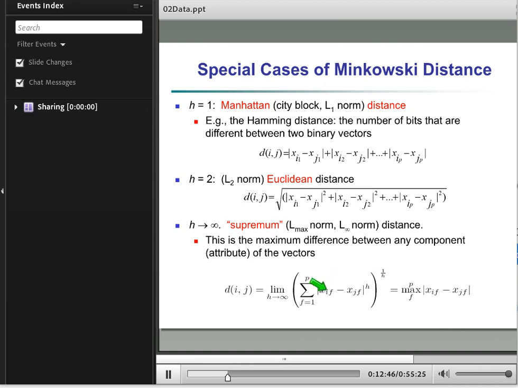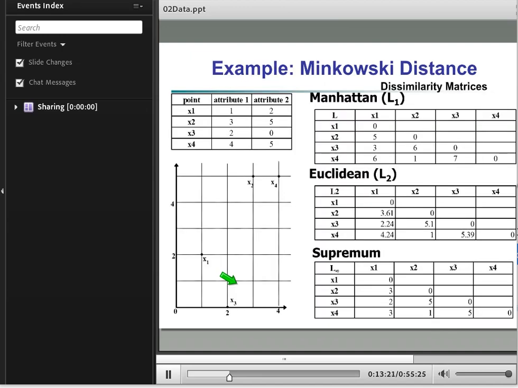Among these differences, which one is the highest value? Which one is bigger than the others? We have different differences, and we take the maximum difference as the supremum distance between i and j.